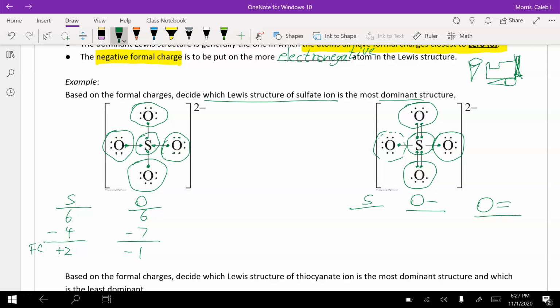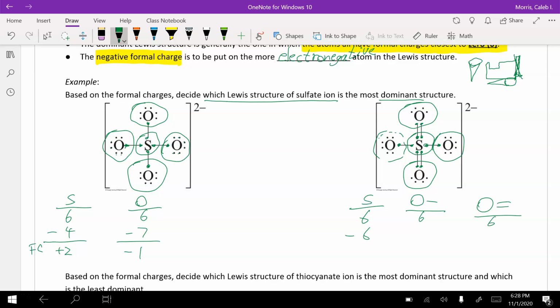The sulfur has 1, 2, 3, 4, 5, 6 assigned electrons. Keep in mind that because it's in group 16, again, we have 6 valence electrons. Same for oxygen.